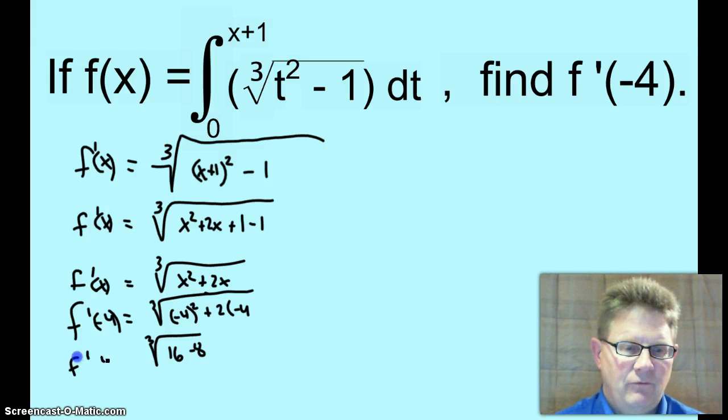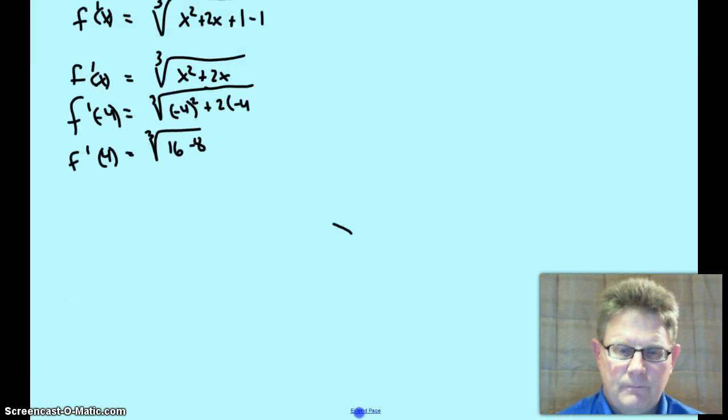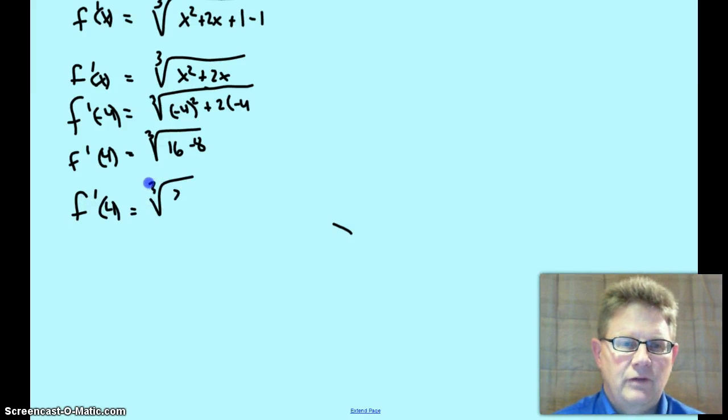So f prime of 4 equals the cube root of 8. F prime of 4 equals 2.